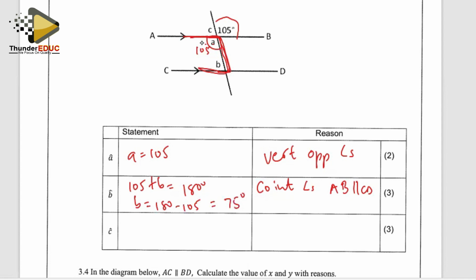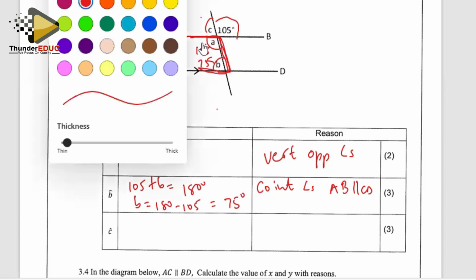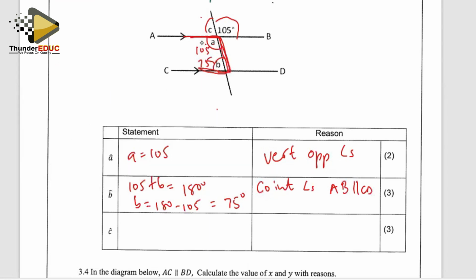And then for me to get C, so if B is 75, which means C must also be 75, because that will be corresponding. Okay. How do we see that it's corresponding? We can see that it's forming the F. If it's the F, which means this must also be equal to that.